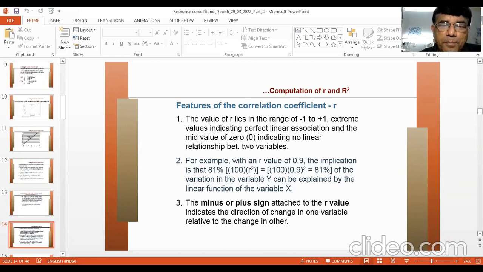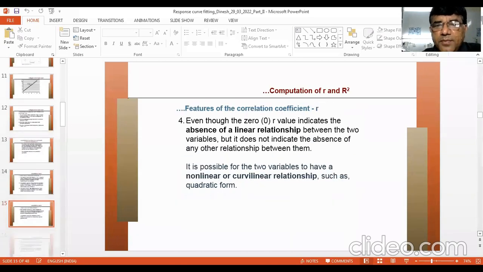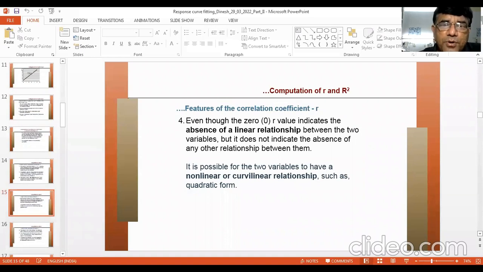The minus or plus sign attached to the R value indicates the direction of change in one variable relative to the change in another variable. Means the negative sign is there when the relationship between two variables is negative, or the correlation is negative. Even though an R value of 0 indicates the absence of a linear relationship, it does not mean that the two variables do not have another kind of relationship.